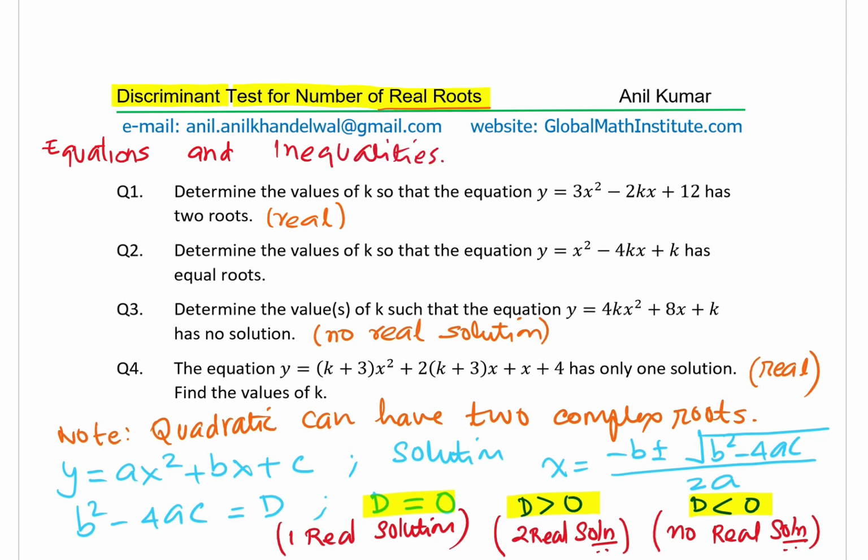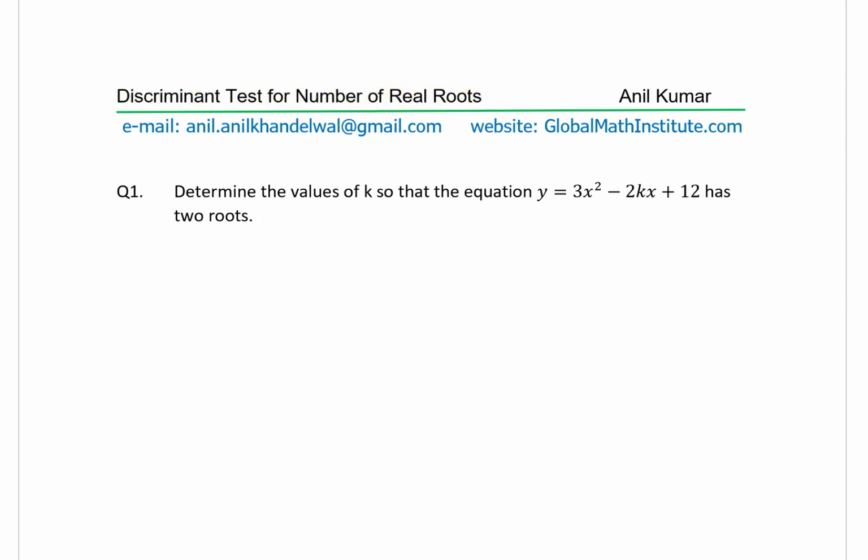Correct. So let's begin with the very first question, which is determine the value of k so that the equation y equals 3x squared minus 2kx plus 12 has two roots, meaning two real solutions.